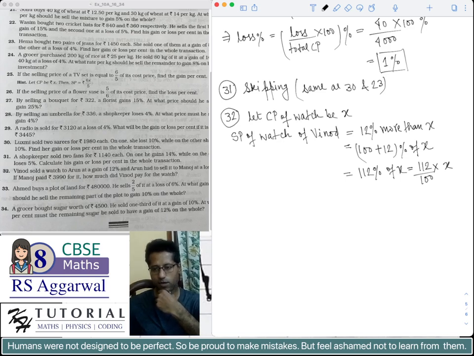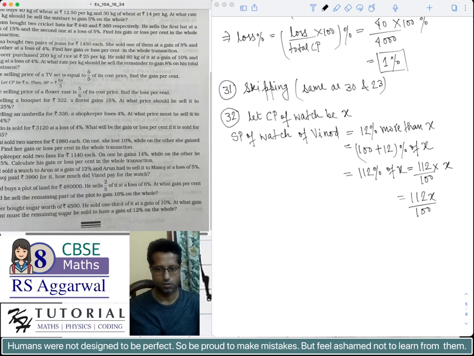So you can also see 112x by 100 as the cost price of the watch for Arun. Now it is given that Arun also sold the watch to Manoj at a loss of 5%.